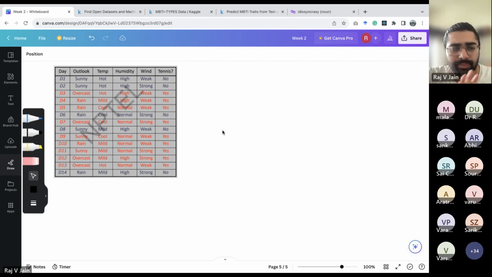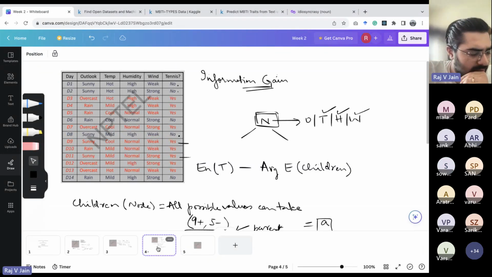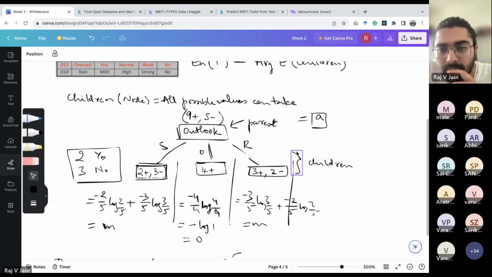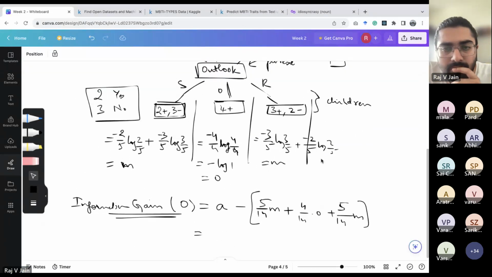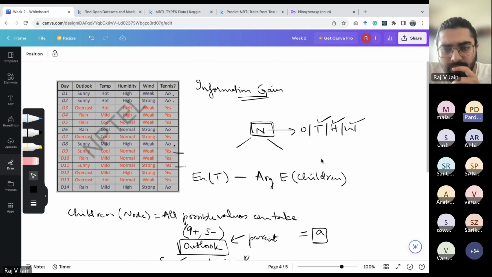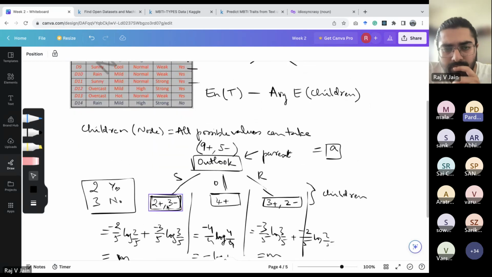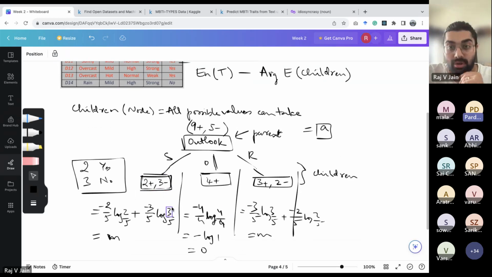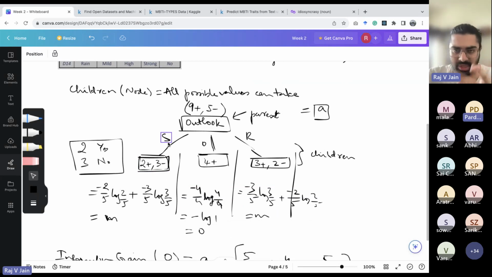Can we split again against the sun, where it's 2, 3? From the outlook, sunny is 2, 3. From that tree, yes, the left. Can we split again? Which attribute can we use? Okay, fine. So yeah, let's do that. We'll take one more step down.